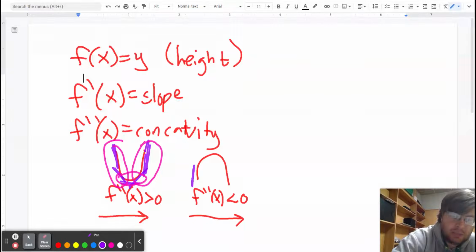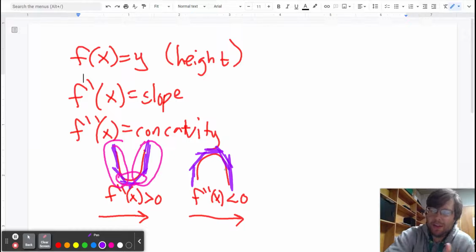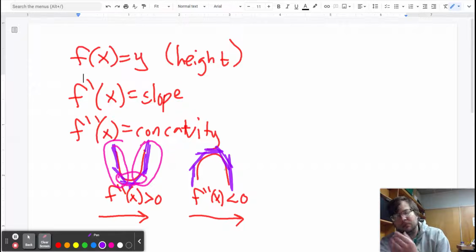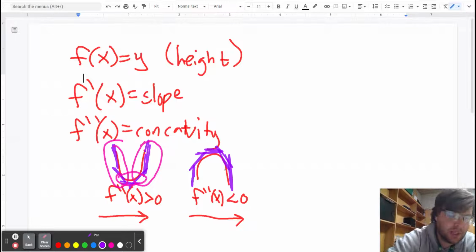You have steep increase, flatter increase, 0 slope, flatter decrease, and a steep decrease. My derivative is decreasing more and more and more.